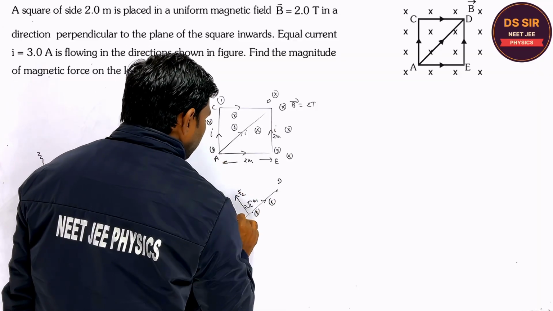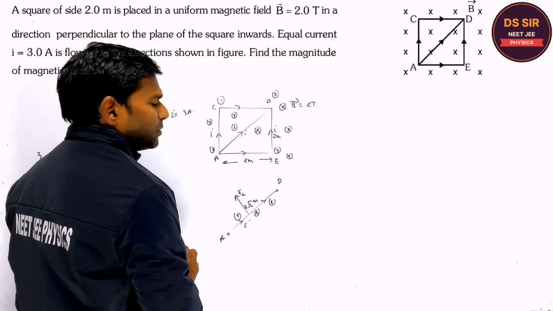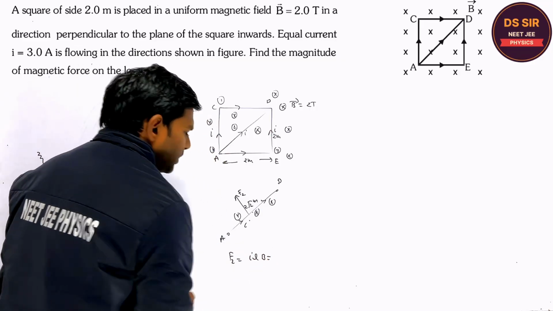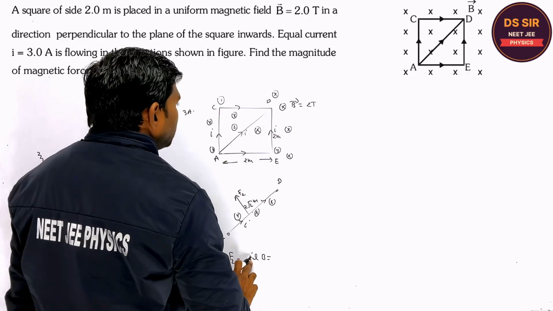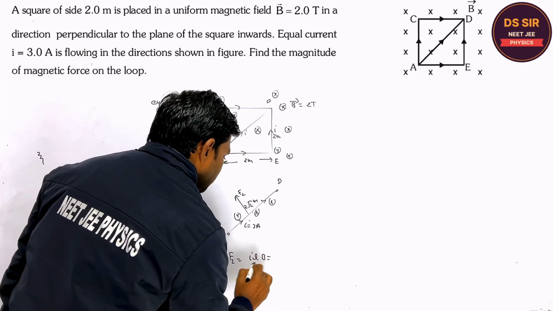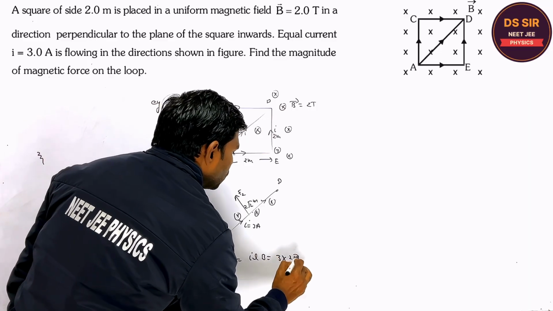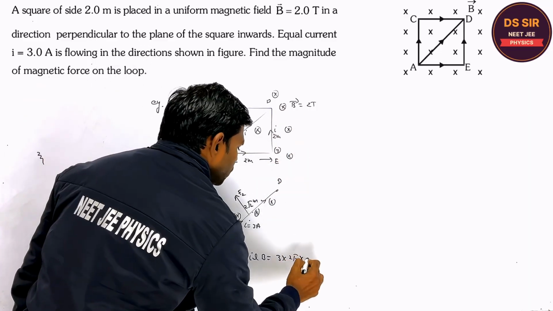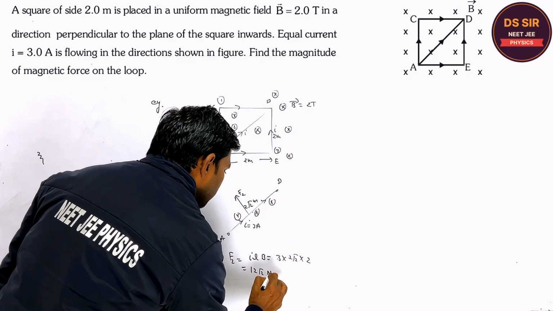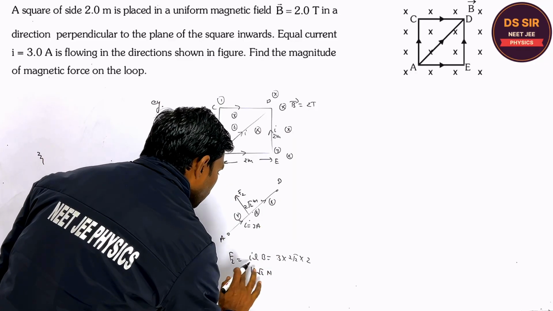The magnetic field is into the board. So the magnetic force is nothing but ILB sin 90. What is the current? 3 ampere. The length is 2 root 2. The magnetic field is 2. So 3 twos are 6, 6 twos are 12 root 2 Newton. You understand this thing or not, you tell?